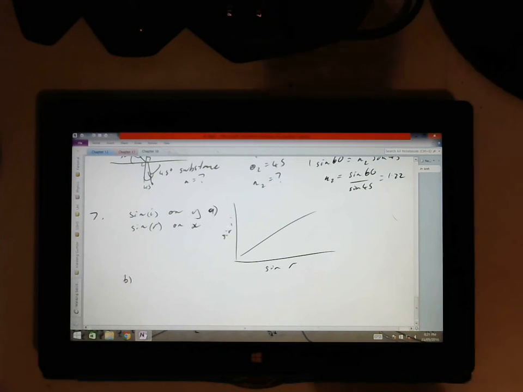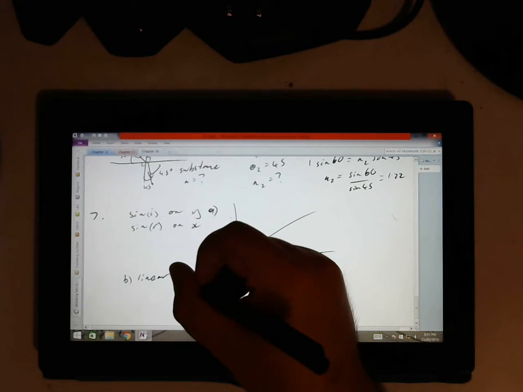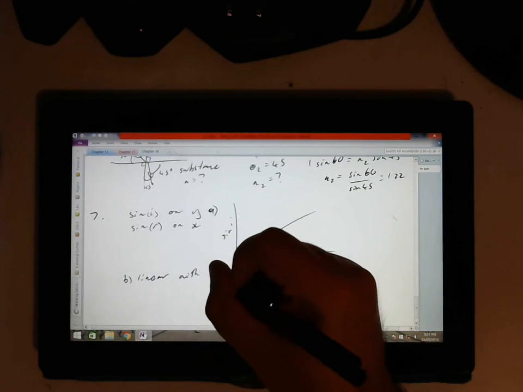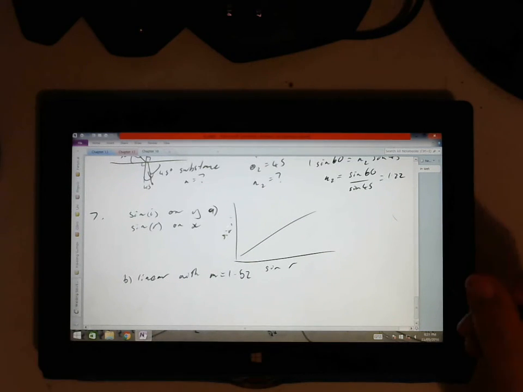We can see based on the trend line that this is linear. We can certainly say what the gradient is, linear with m equals 1.52. If you do it in Excel, your number might have a little bit of variation.